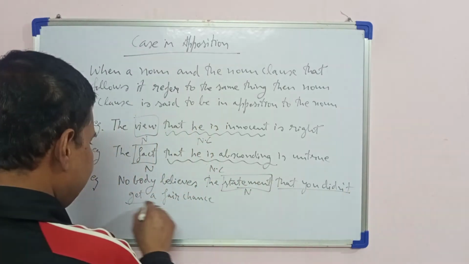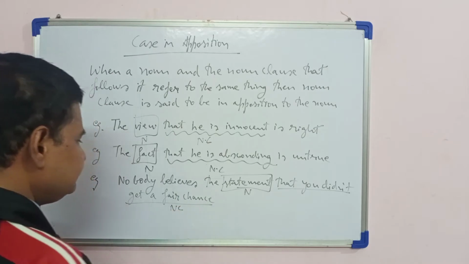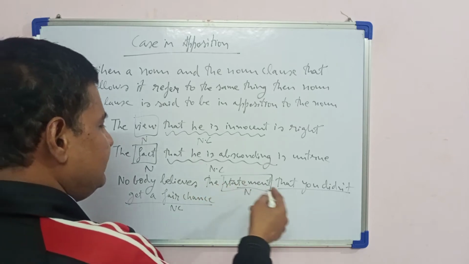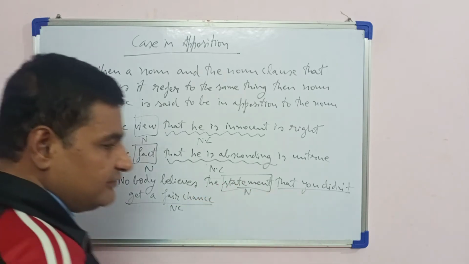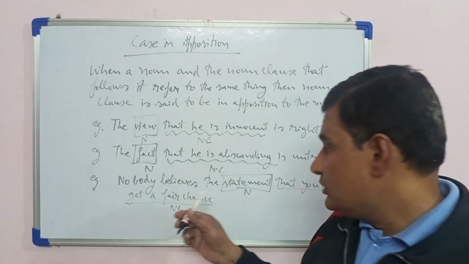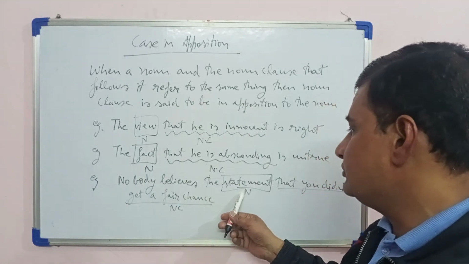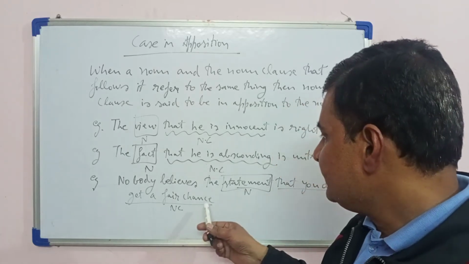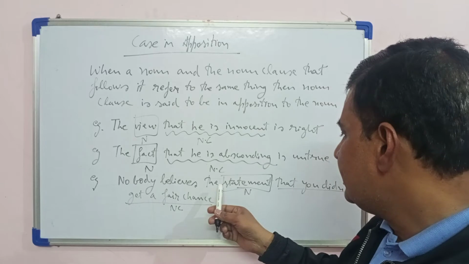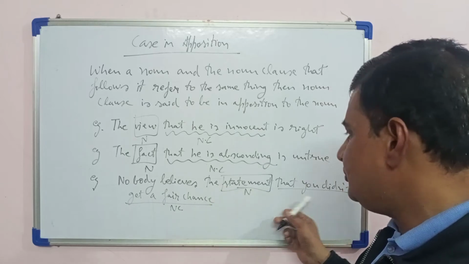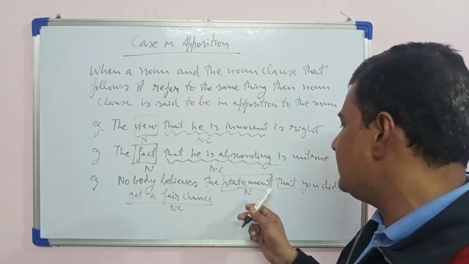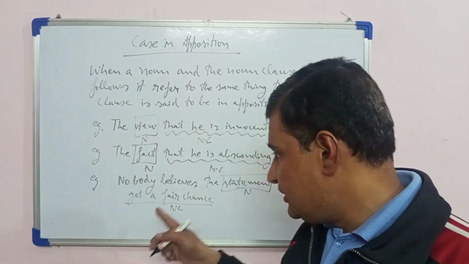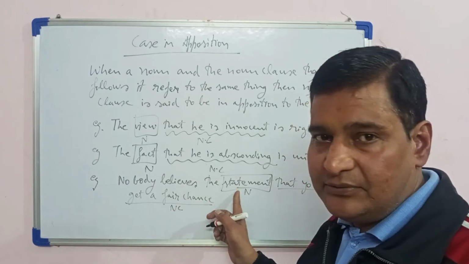That you did not get a fair chance is a noun clause. So here the noun clause and noun both refer to the same thing. That you didn't get a fair chance is a case in apposition with the noun the statement. Okay?